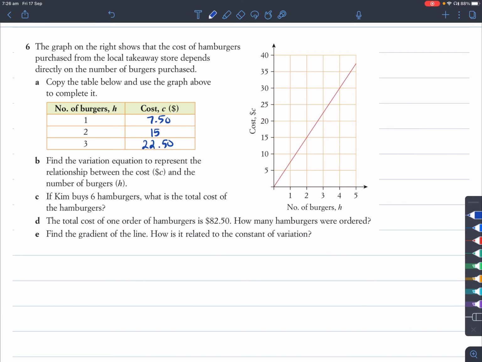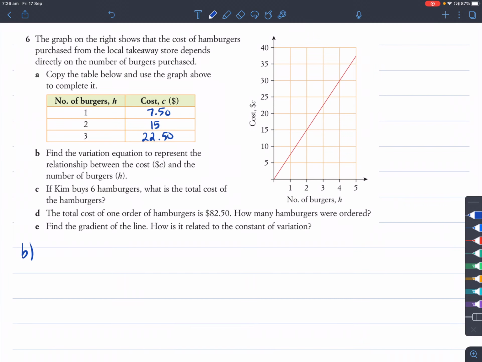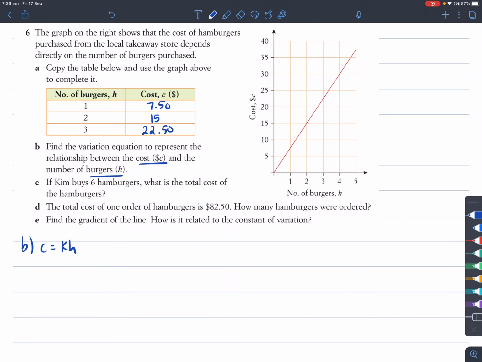For question B, find the variation equation to represent the relationship between costs and the number of burgers. So we've got cost, which is C, burgers, which is H, and so C would equal KH, basically. So in this case, we're going to substitute in just a pair of values.